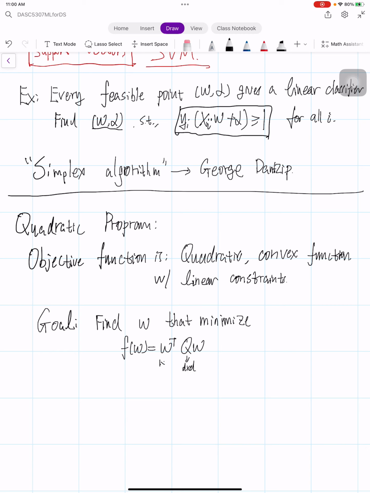So this is 1 by D, and this is D by 1, so this will be a scalar. So this is called a quadratic form. And it is subject to the same linear constraints, A w less than or equal to b.